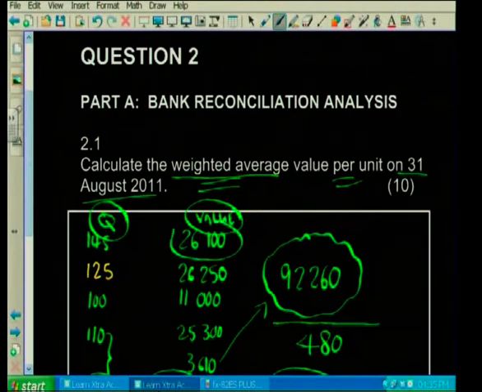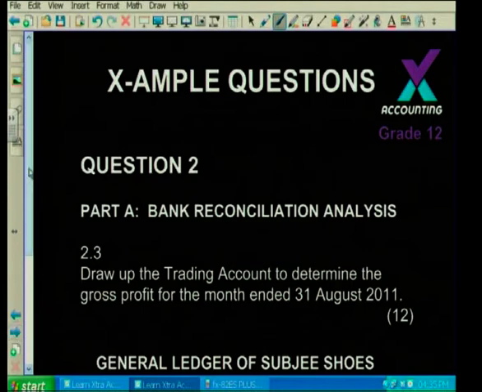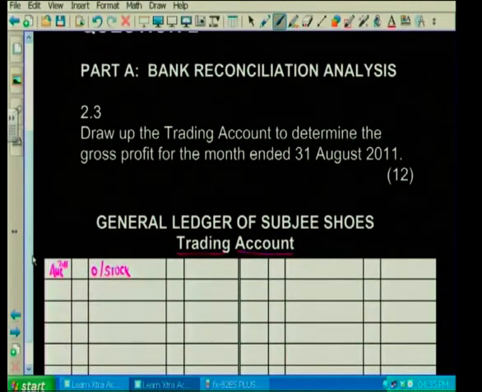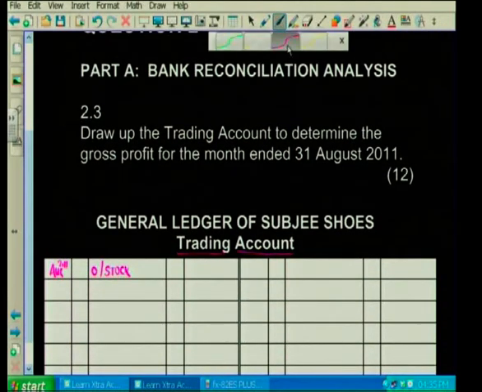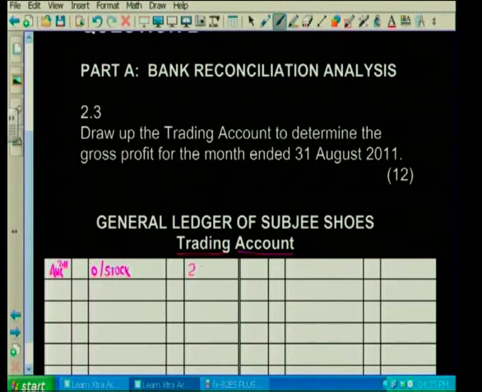26,100. There goes. So here, 26,100 is the value of my opening stock. Next one. Did I buy goods? Remember, we are using the periodic system.